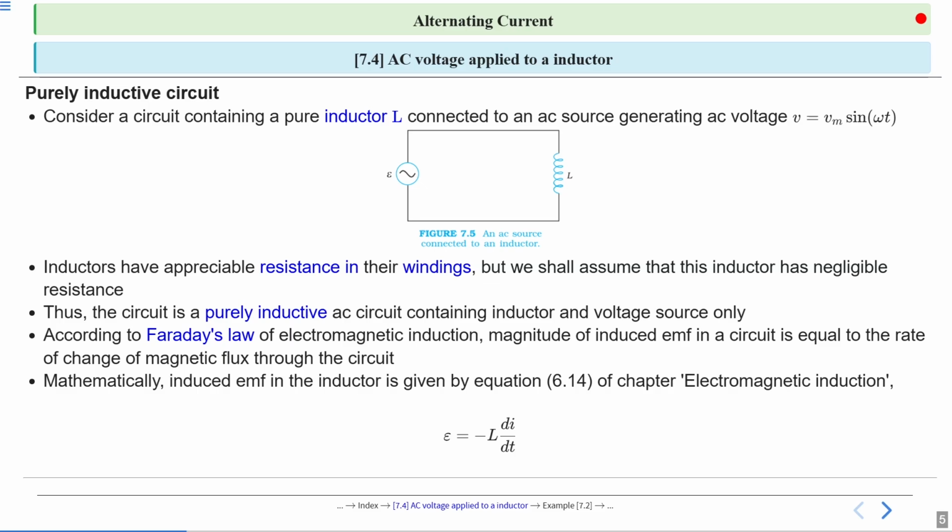That means EMF will be induced in such a way, according to Lenz's law, that it will oppose the cause. If current is increasing in one direction, it will oppose the increase in current by inducing EMF in the opposite polarity, or inducing current in the opposite direction. So this induced EMF is equal to minus L di by dt.